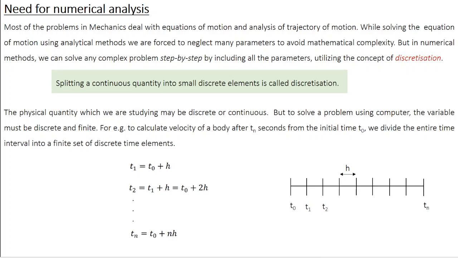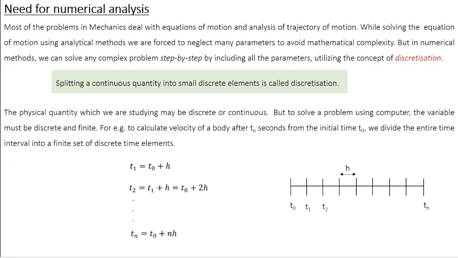So in real problems, the parameters could be discrete or continuous. But if you are solving the problem using a computer, the variable has to be discrete and finite. A computer cannot deal with a continuous parameter. Similarly, a computer cannot deal with infinity. So all the parameters which we include in our numerical computation have to be discrete and finite.